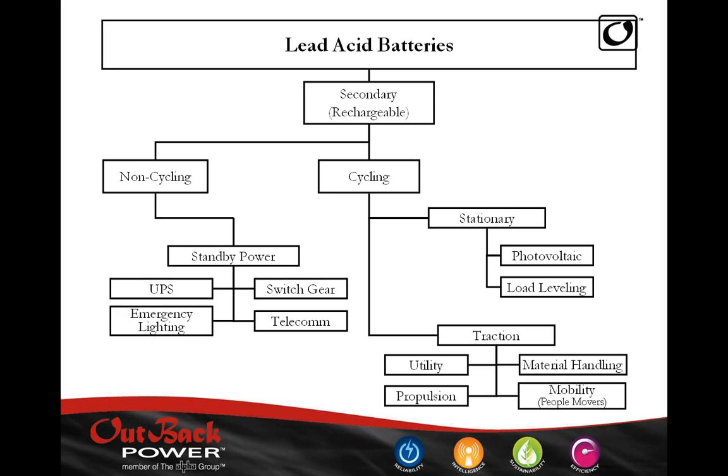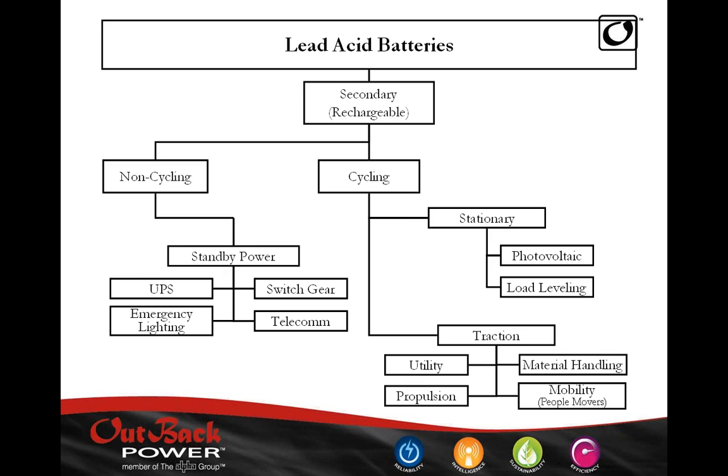And so in those applications, where the batteries might only be used once or twice a year, the batteries basically have to be built, designed, and chosen for being on float, for having very good float ratings.